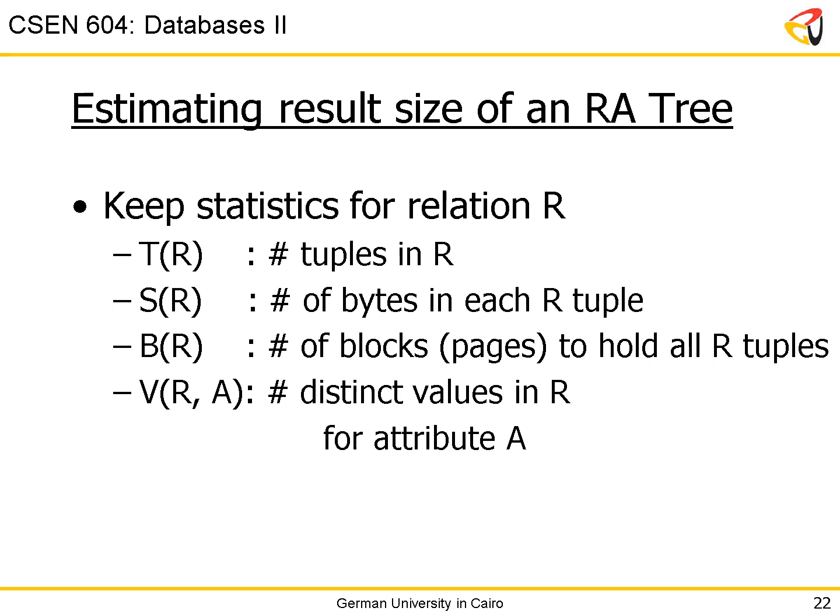So if you have an employee table that's stored in 50 pages on disk, B of employee is going to be 50. And a very important one, the number of distinct values that appear in every column. It's usually written as V(A, R): the number of unique values in column A in table R.